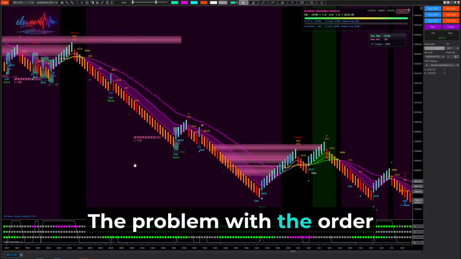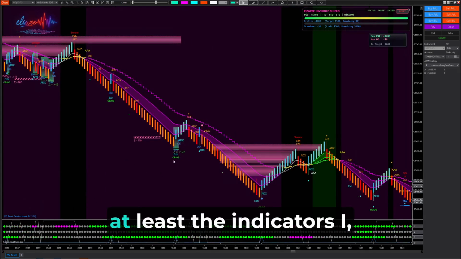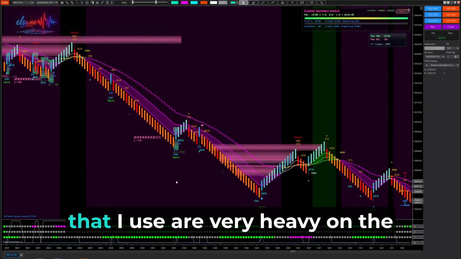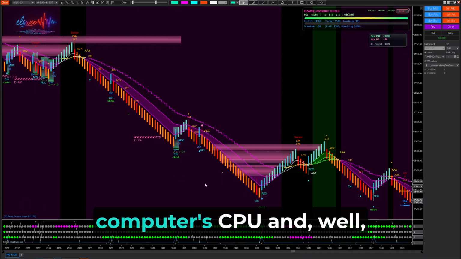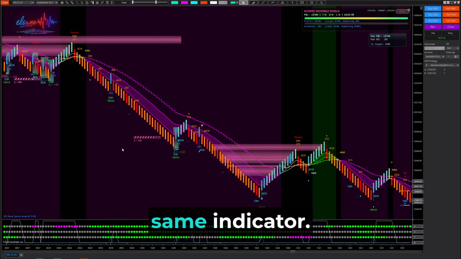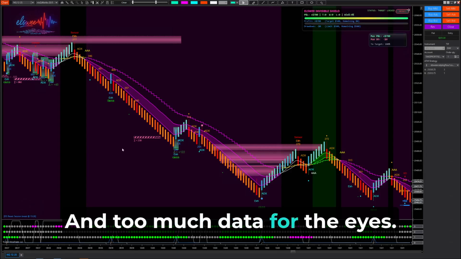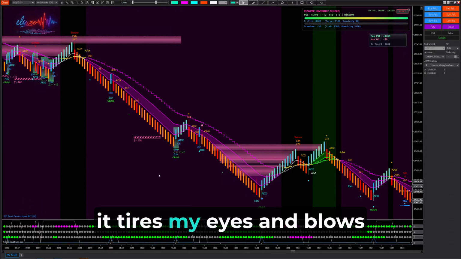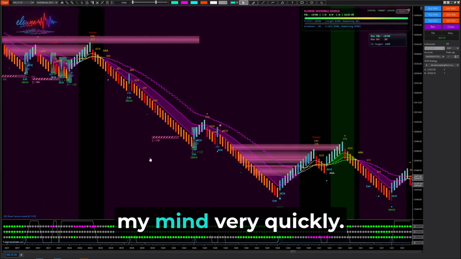The problem with the order flow chart is that at least the indicators that I use are very heavy on the computer CPU, and I couldn't trade on that same indicator. And too much data for the eyes. It tires my eyes and blows my mind very quickly.